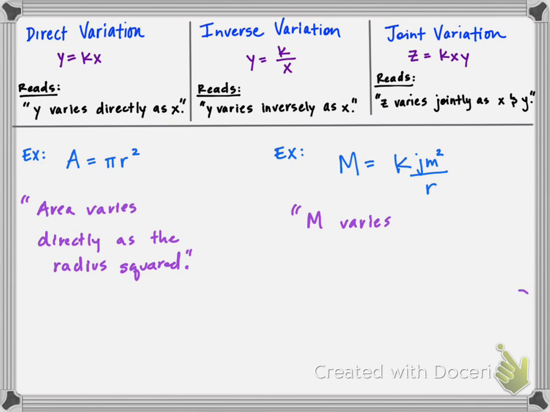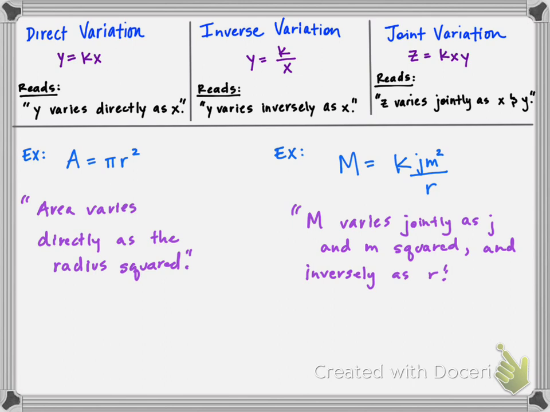So we can say varies jointly as j and m squared, and inversely as r. And just like that, you've just described a variation problem.